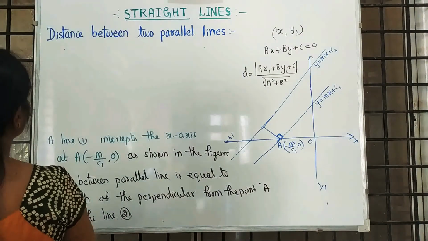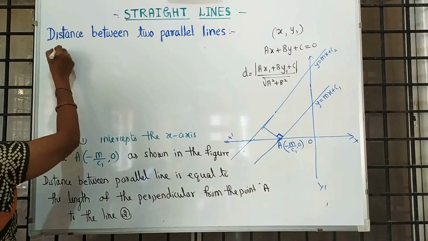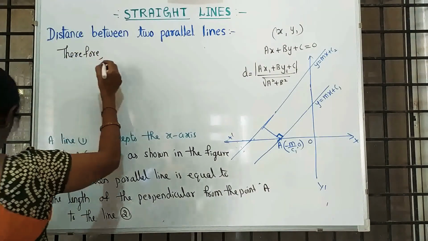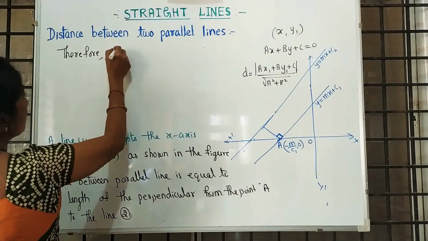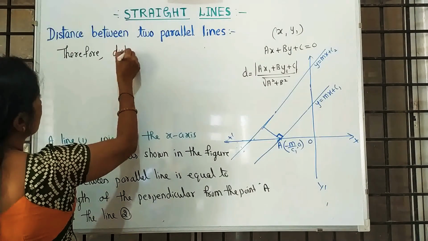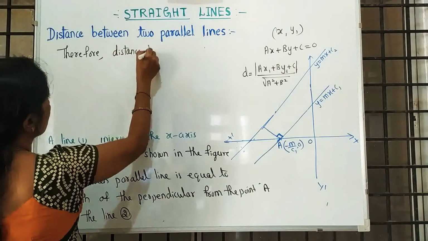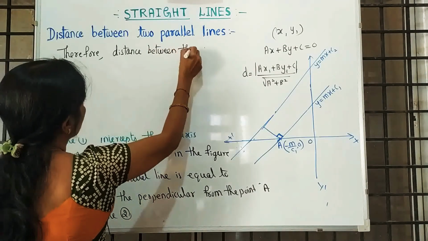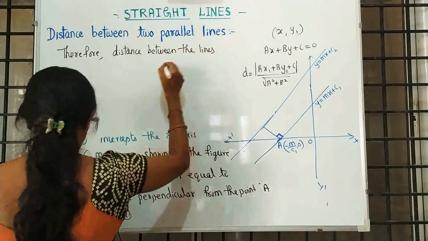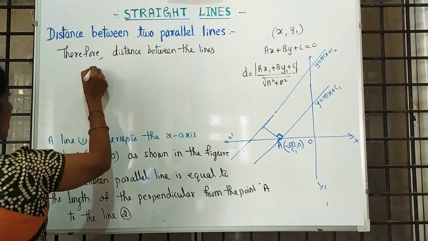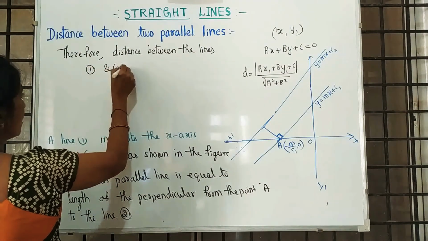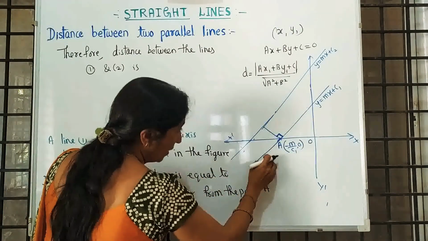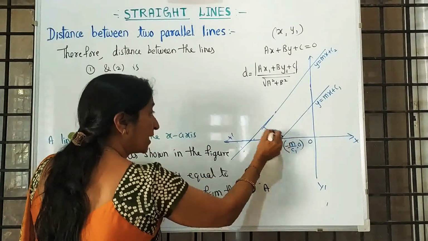Therefore, the distance between the lines 1 and 2 is, see, the point A is on line 1 and we have to find the distance from point A to line 2.